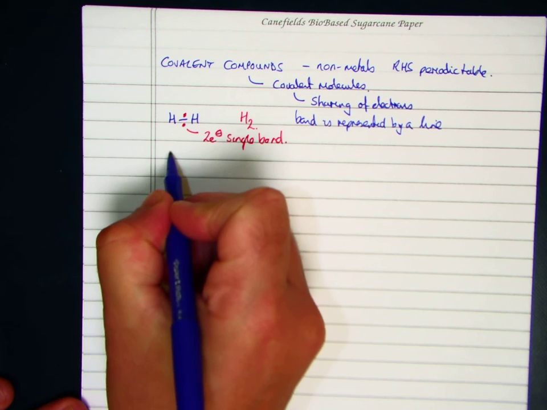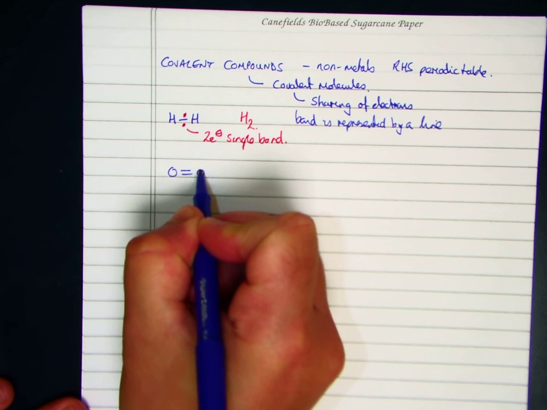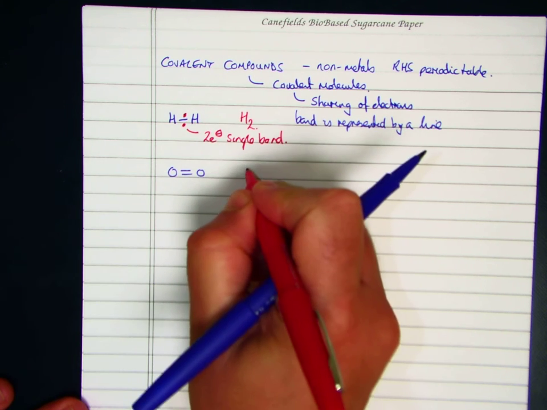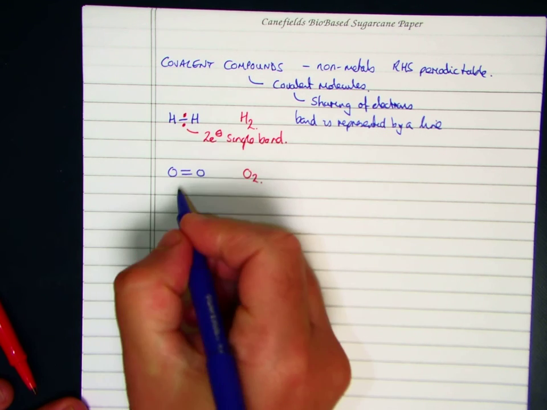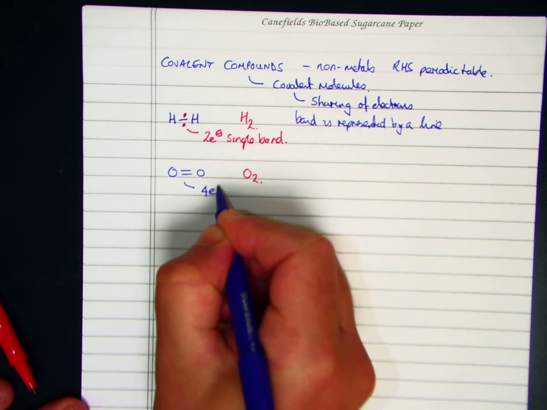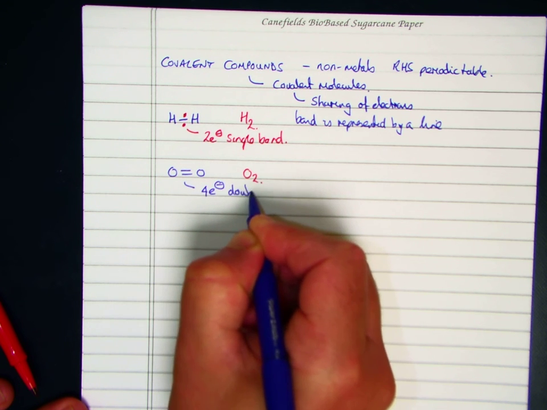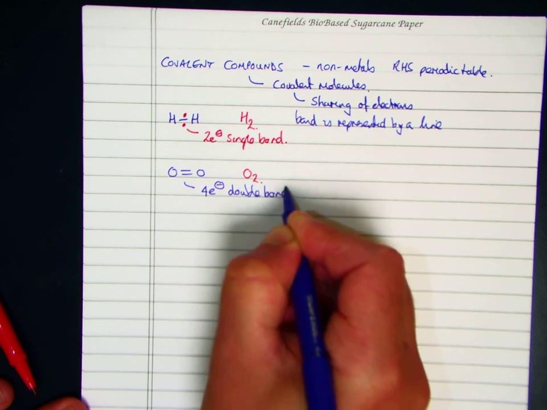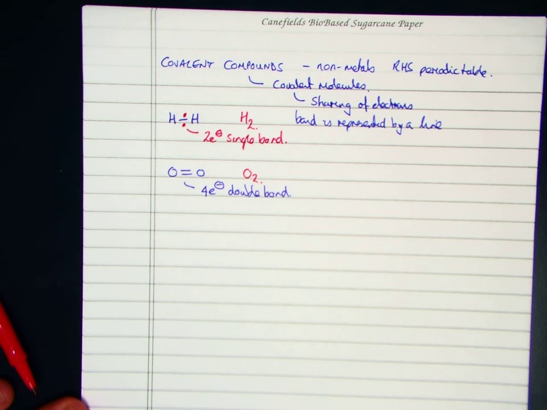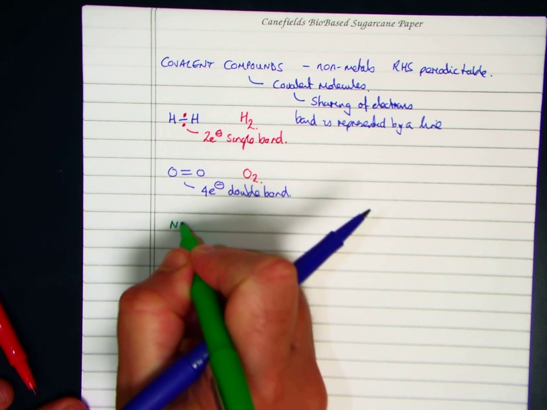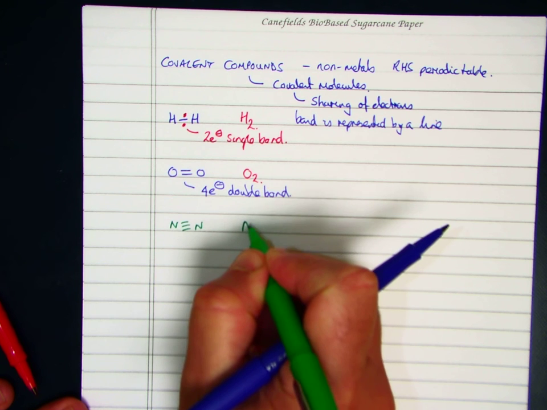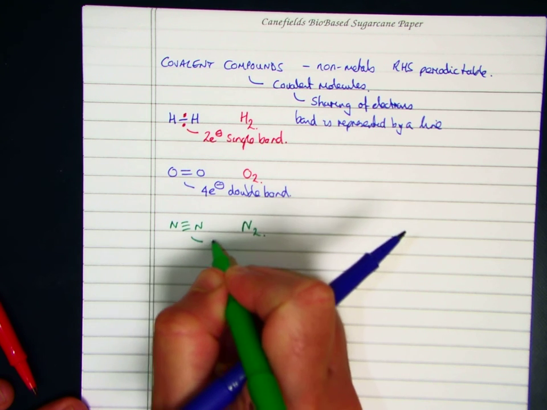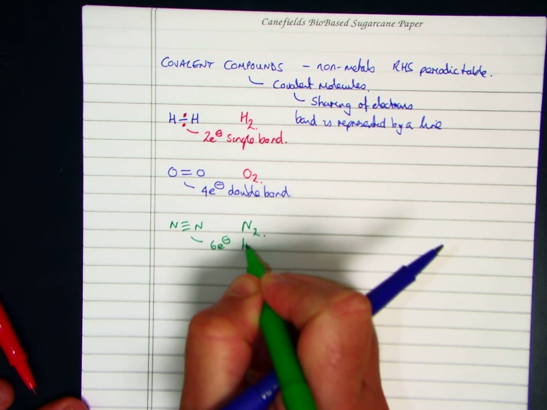Similarly, we can have oxygen, which is a double bond. We know the diatomic is O2, but here we have 4 electrons, which is a double bond. And then finally, we take nitrogen, which is N2. We can see that we have 6 electrons, which is a triple bond.